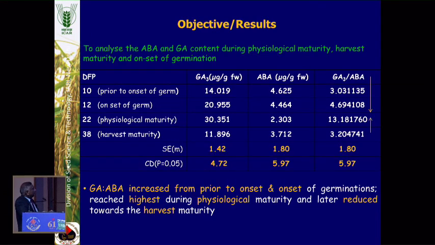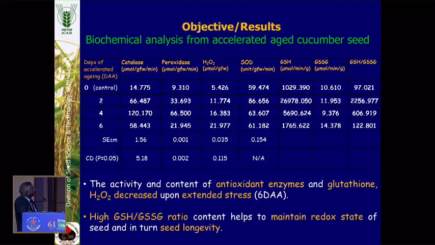It was observed that the GA and ABA ratio, like marigold, increased from prior to seed set to physiological maturity, where it was maximum, and again declined towards the harvest maturity.